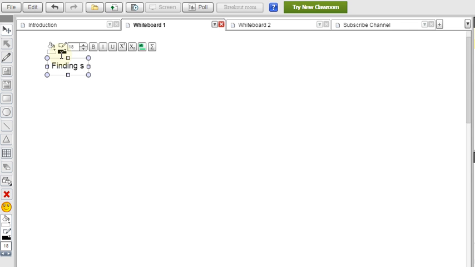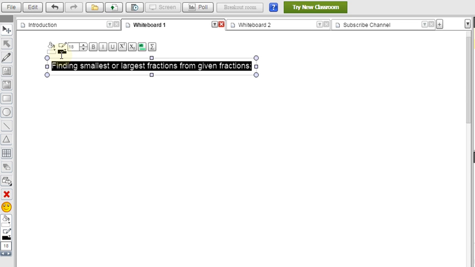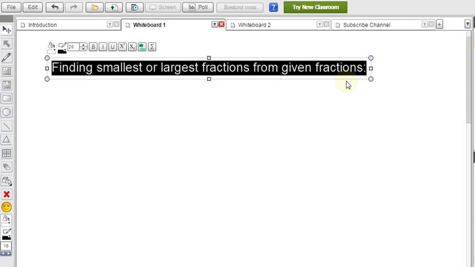From given fractions, how to find out the smallest or largest.